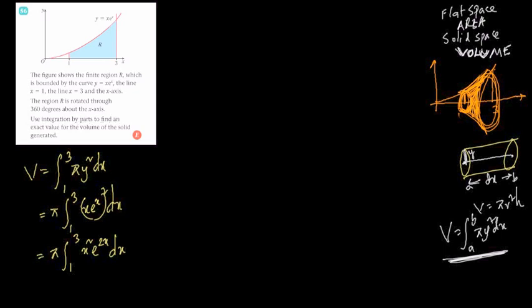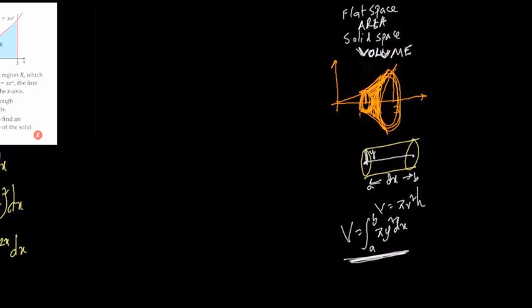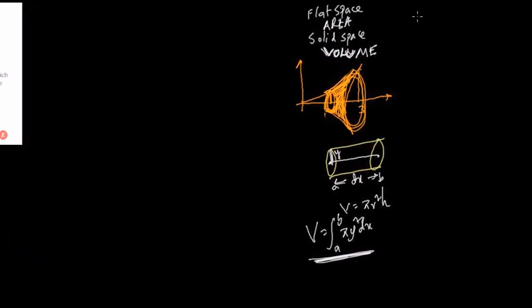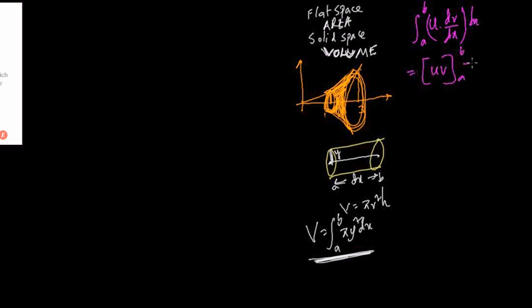Now the integration by parts formula is given by: if you have to integrate from limit a to b, u dv by dx, this is going to be uv from a to b minus the integration a to b of v du by dx.